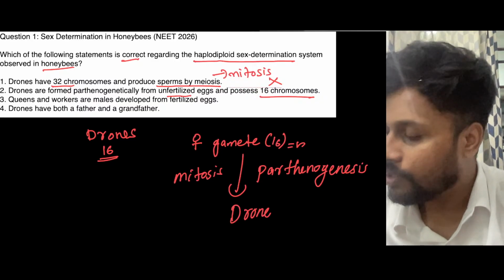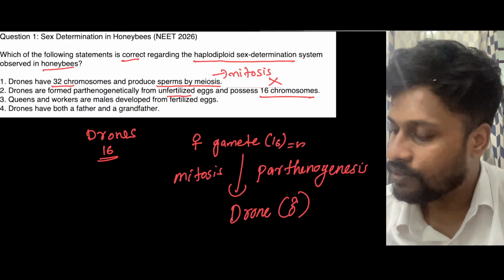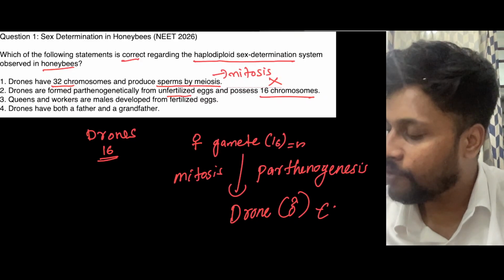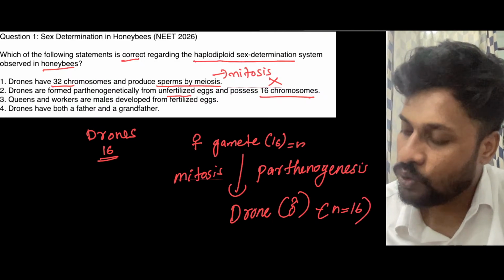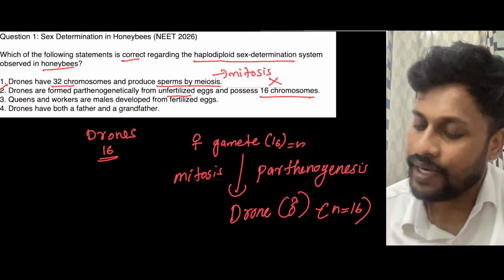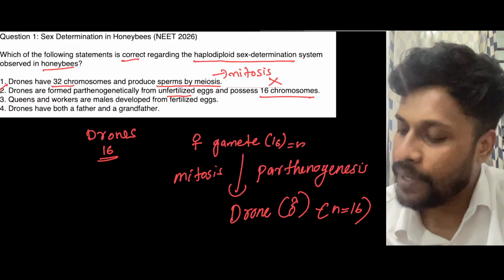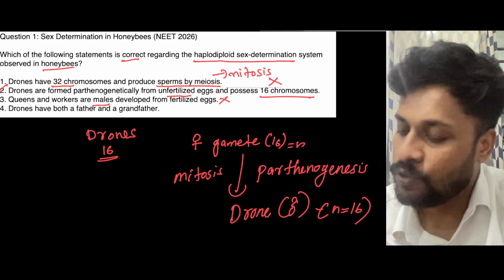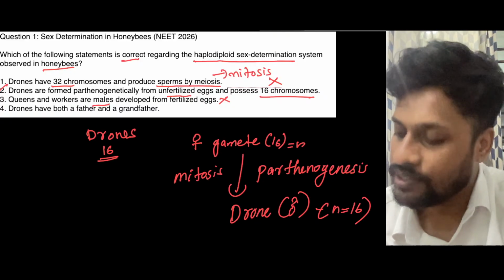Drone means what? Male honeybee, right? And what will be the chromosome number? Chromosome number will be N, which is 16. So statement 2 is correct. Queens and workers are males developed from fertilized egg. No, queen and workers are females, not males.